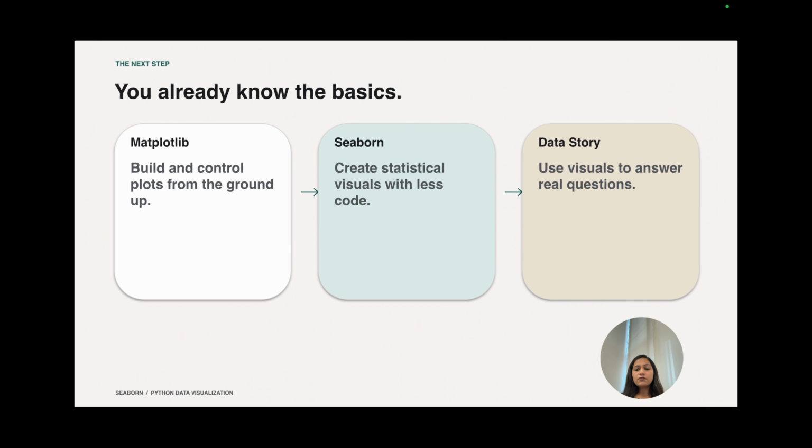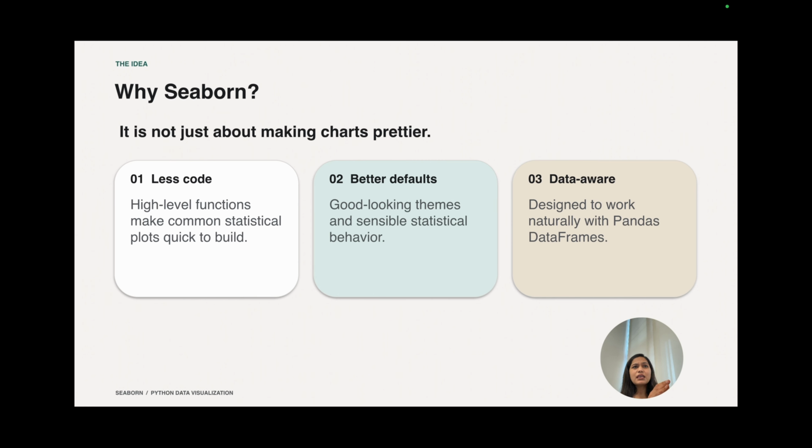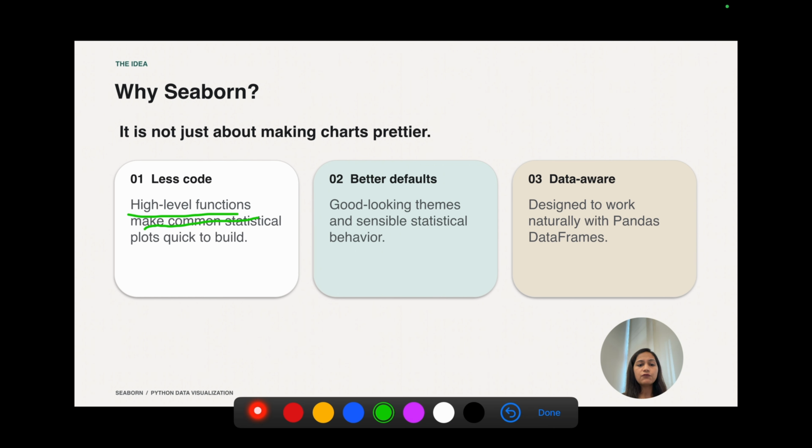Then why Seaborn? There are three main reasons why it is popular. One is that it has high level functions which make statistical plots quite easy to build, and they are much quicker than Matplotlib. So we need a very small amount of code. Second is better visual defaults. The charts generally look polished without us having to manually customize every little detail.